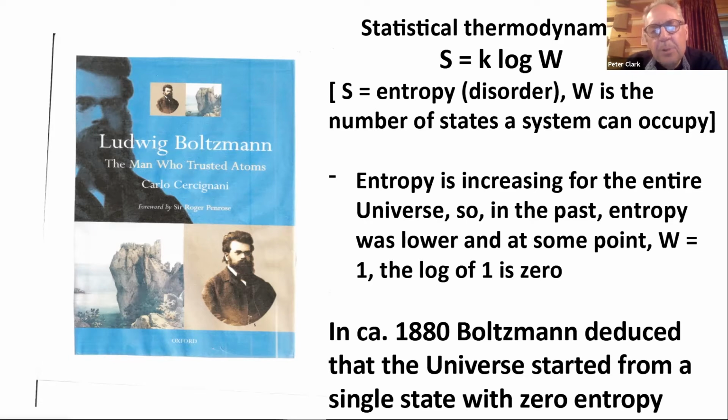And so Boltzmann deduced, without any knowledge of the expanding universe or anything of that nature, as you'll appreciate, in his time astronomy was in its early phases, that the universe started from a single ordered state, but he could not define what it is.